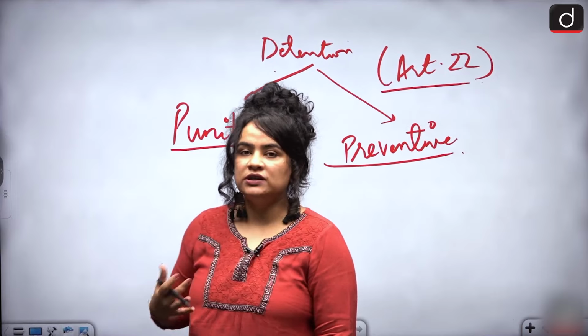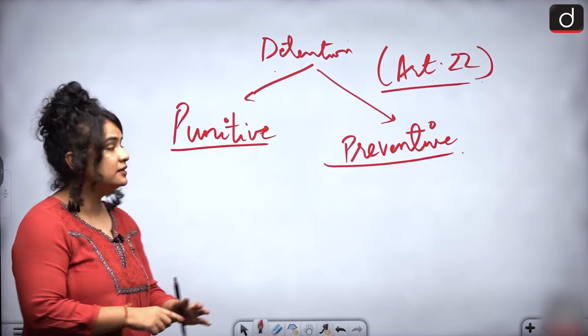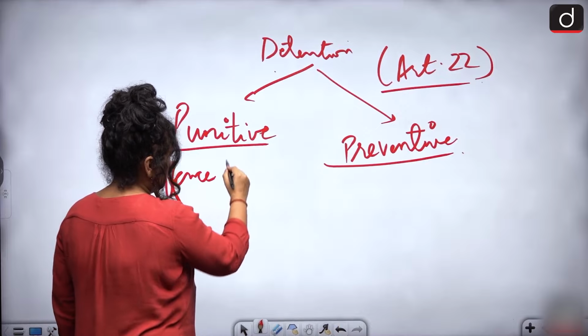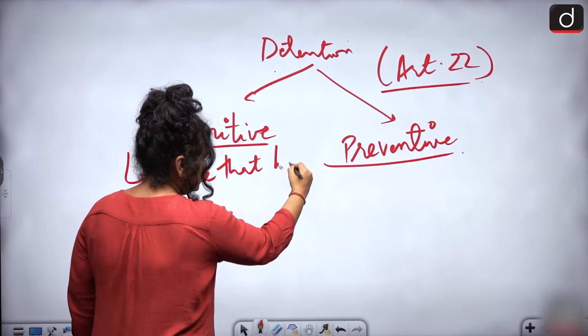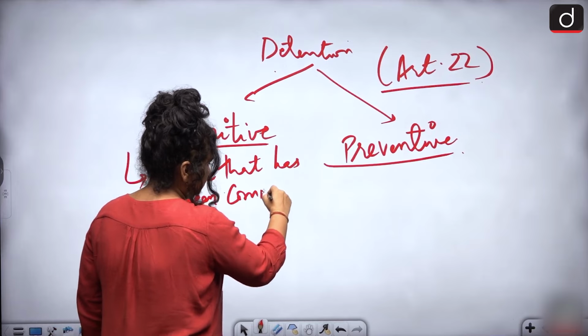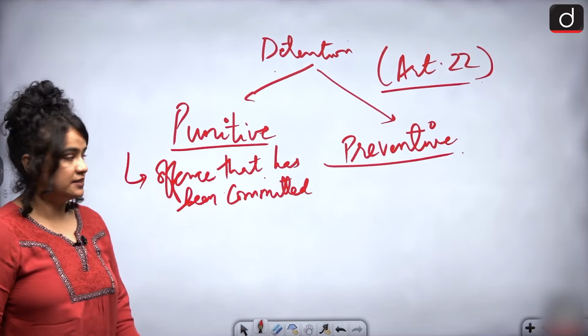Now, let's understand what is meant by punitive. Punitive detention simply means that you are arrested for an offense that has been committed by you. Okay? So, there is already an offense that was committed.